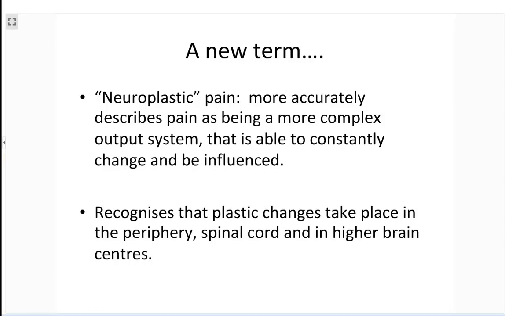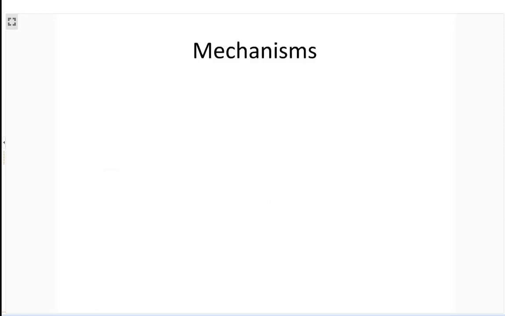It's really looking to describe that this pain output system is far more complex than a simple tissue injury or a straight lesion to a particular area. It is far more plastic, so it's constantly changing and able to be influenced, and it recognises that changes are continually taking place, both out in the periphery, and in the spinal cord and the brain itself.